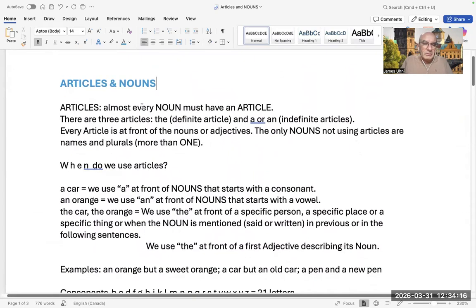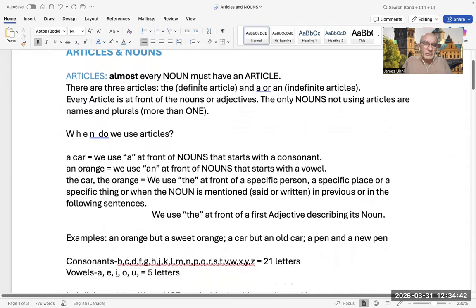Articles are described very simply this way: almost every noun must have an article. This is very important, but it says almost, not every, and we will get to it.